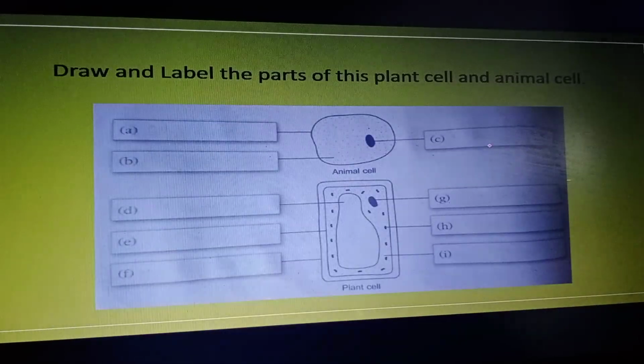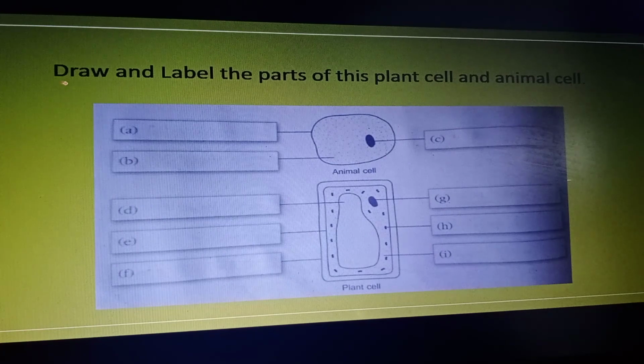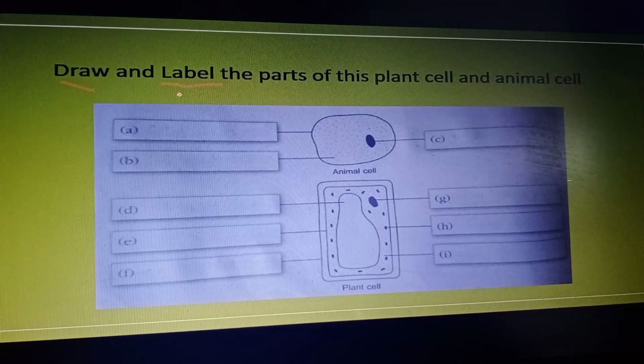And the second one we have here, draw and label. Actually, if you try to print this one, you already have the copy. But since most of you don't have your own printer at home or any other means, what you need to do is get your notebook and your pen and then draw this one.